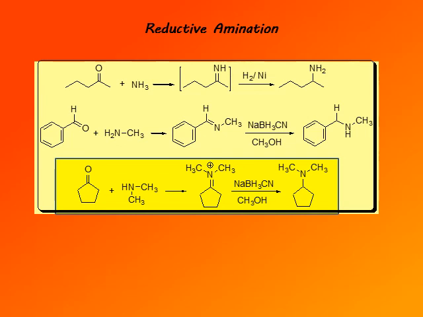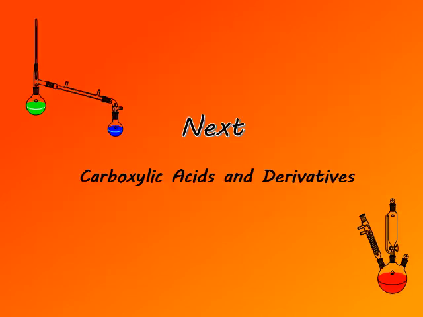Primary amines are prepared in reductive amination of a carbonyl compound and ammonia, secondary amines, carbonyl compound and primary amine, and tertiary amines, carbonyl compound and secondary amine. And this completes our chapter on aldehydes and ketones. Next, we are going to start chapter 22, which covers carboxylic acids and derivatives.